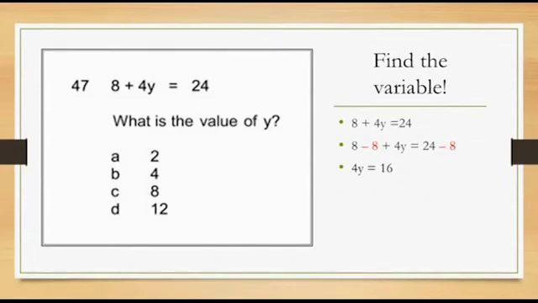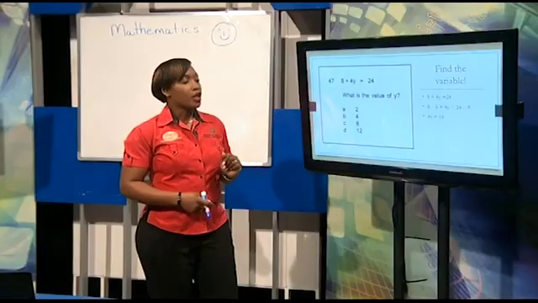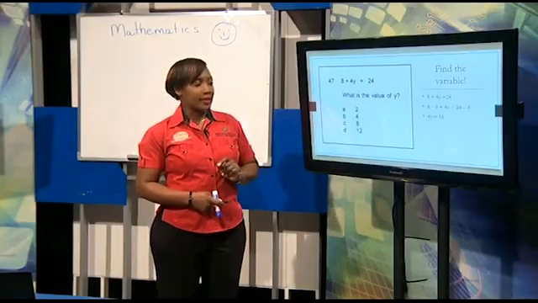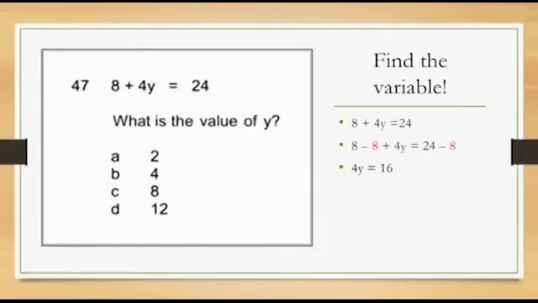When I take away 8 from 8, I get 0. Good. So 4y is equal to 16. Now I'm going to undo the multiplication of 4 by y by dividing. So I divide 4 into 4y, and I divide 4 into 16. 4 into 4 goes 1 time, so I have 1y.